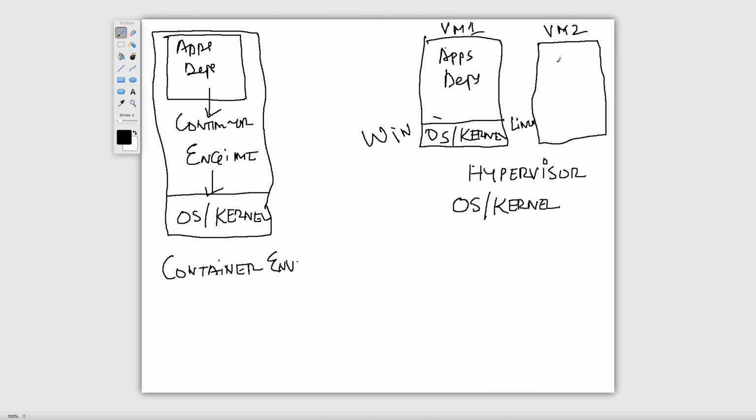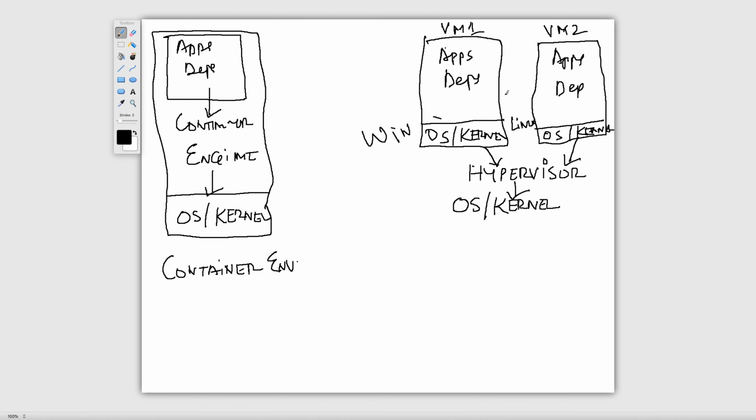All right, and again you'll have your apps and dependencies here, and obviously you'll have a Linux OS and a kernel, your Ubuntu, or whatever operating system of your choice, right? Now this kernel is going to interact with your hypervisor when you work on these VMs, and this hypervisor in turn is going to interact with your base or host kernel.